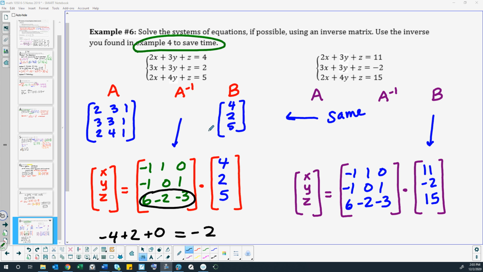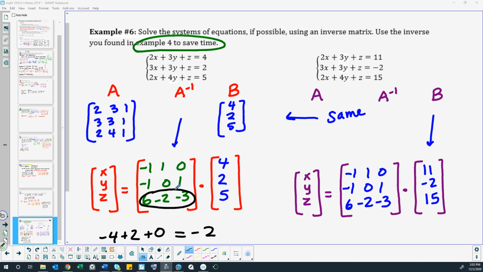Okay, since I just did a video finding the inverse on example 4, both by calculator and by hand, we do not need to find the inverse again, because the good news is this coefficient matrix, when we take all these coefficients and turn it into our coefficient matrix A, is the exact same matrix that we found the inverse of in example 4.